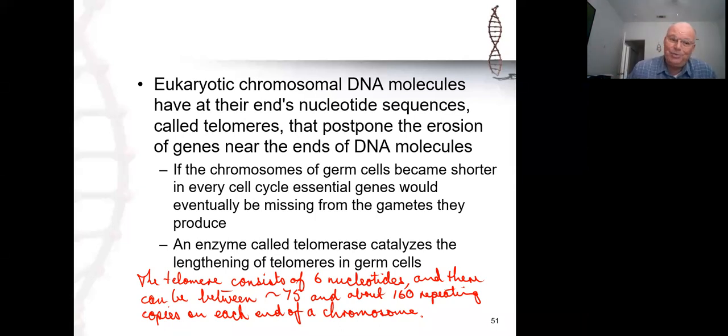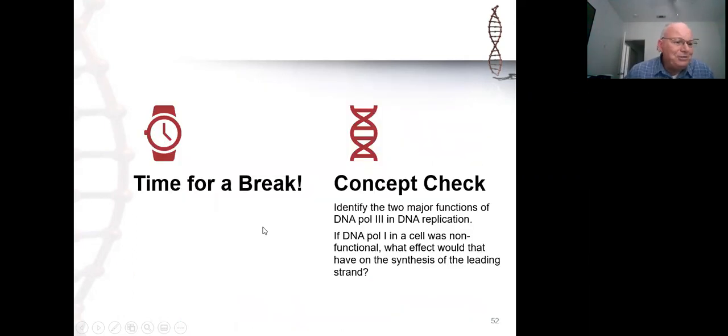We don't know exactly what the connection is between the length of the telomere region and longevity is. But we do know that loss of the telomere regions is correlated with aging. It is part of the aging process. Whatever that connection is, it remains to be seen. So that's the replication story.